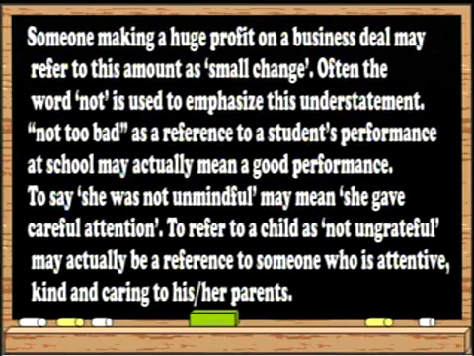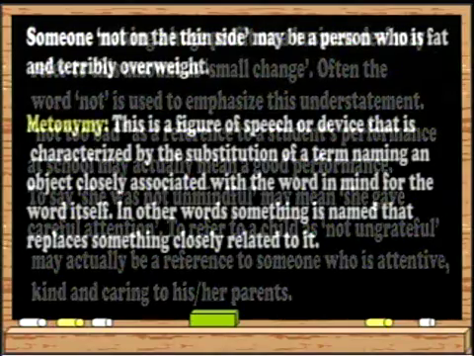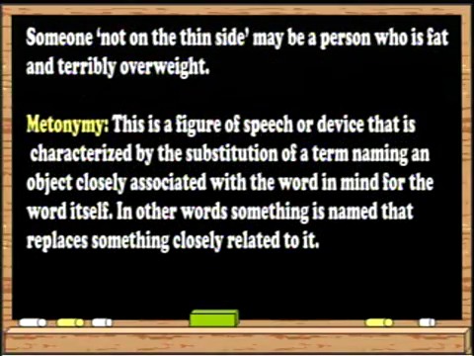To refer to a child as not ungrateful may actually be a reference to someone who is attentive, kind, and caring to his or her parents. Someone not on the thin side may be a person who is fat and terribly overweight.